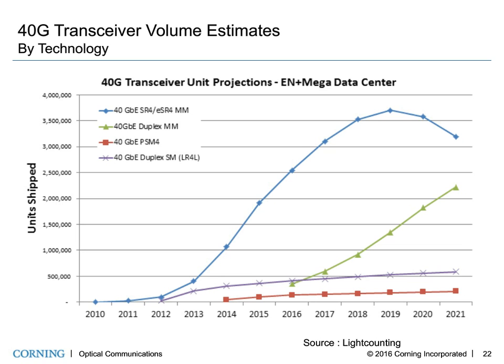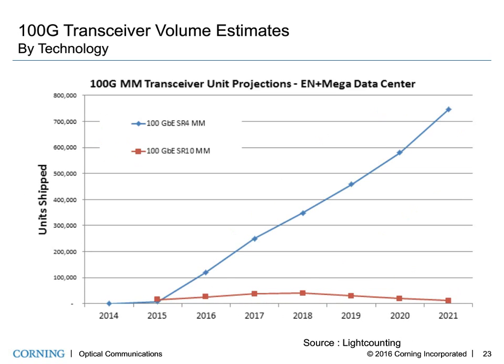Right? So then we wanted to see how 100 gig was going to play out, and there's not as much historical volume, of course, because 100 gig is really starting to get deployed now with the advent of the 25 gig ASIC. But here's the lesson a lot of the transceiver guys taught us. 100 gig with 20 fibers in and out started as a niche, and it never really became mainstream.